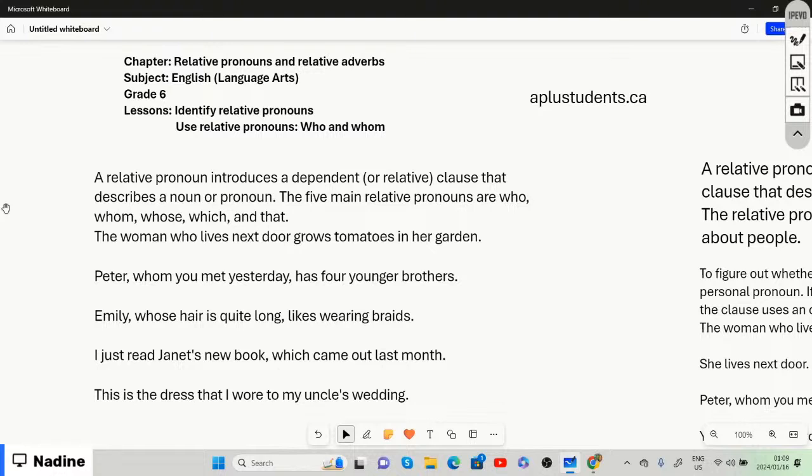And Peter, whom we met yesterday, has four younger brothers. So a relative pronoun introduces a dependent or a relative clause that describes a noun or pronoun.